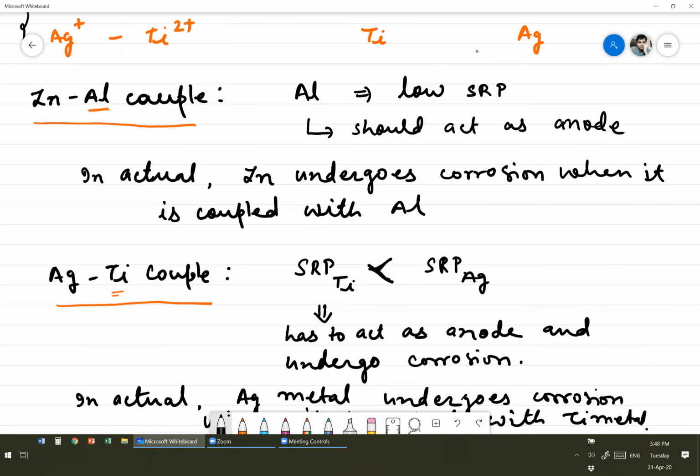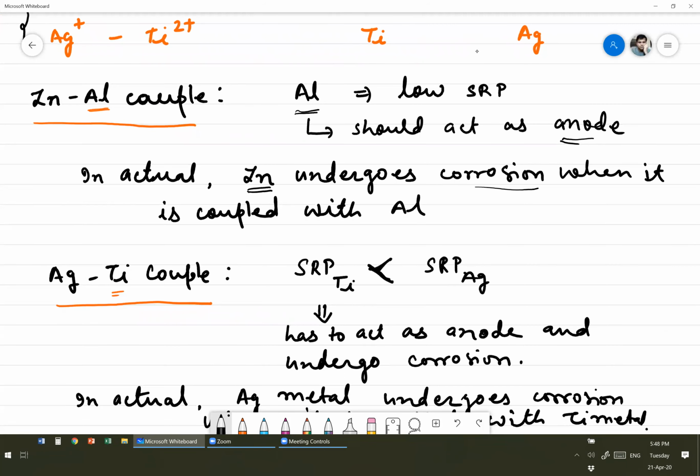Here, when aluminum metal is coupled with zinc metal, although the standard reduction potential of aluminum is lower than zinc, according to the electrochemical series aluminum should act as anode. But in reality it is found that zinc metal undergoes corrosion, or acts as anode, when it is coupled with aluminum.